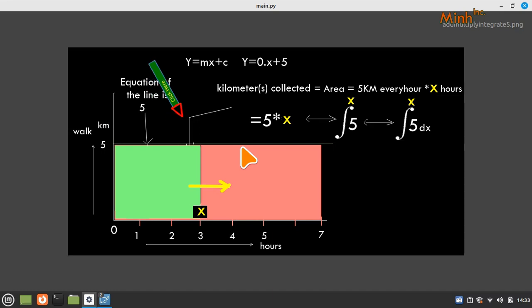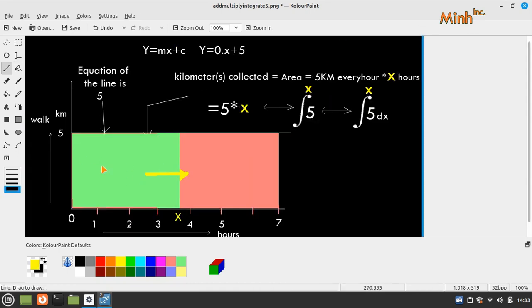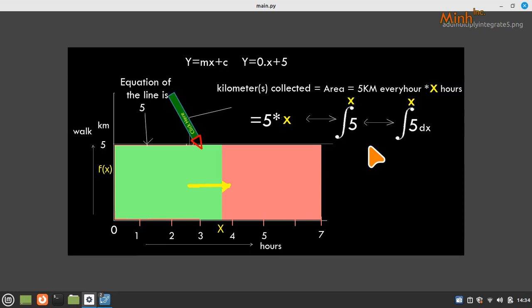I would say if this is 5 km per hour, or we can say the equation as 5, then if this is X, this can be denoted as f(x). For varying x, what would be the area?